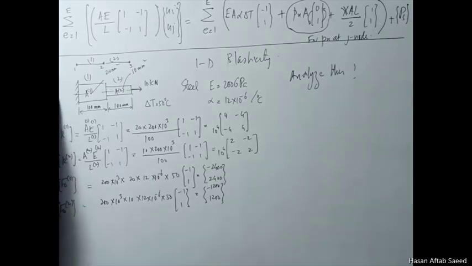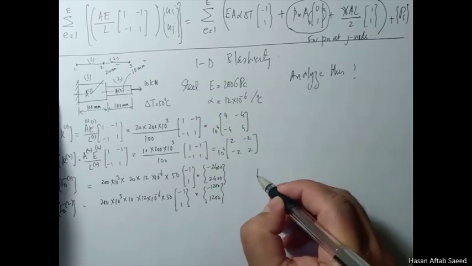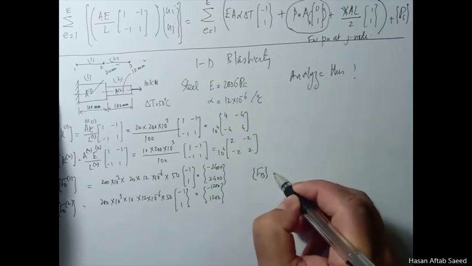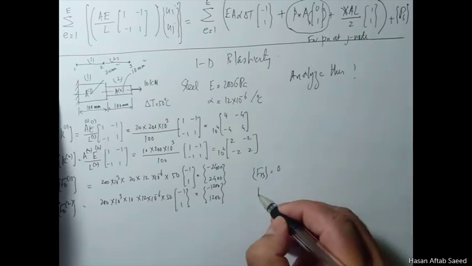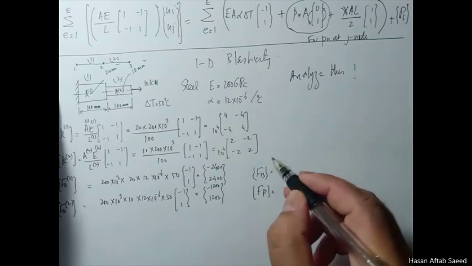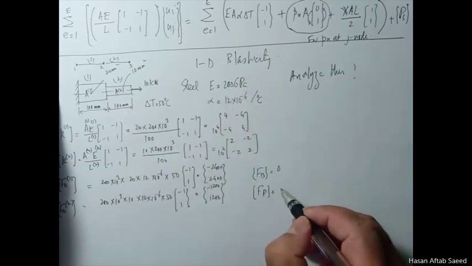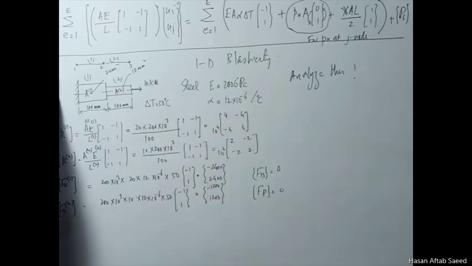Now in this system, FB is equal to 0, no body forces, for either element 1 or element 2. Similarly, FP is also equal to 0.